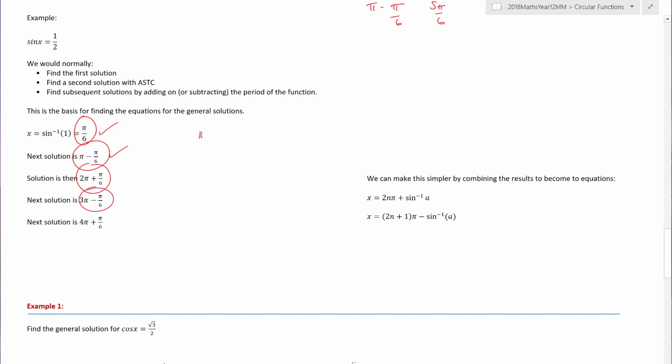So I've got pi on 6, I've got 2 pi plus pi on 6, 4 pi plus pi on 6, and then my next solution would be 6 pi plus pi on 6. But unlike the cosine curve, my next one here would have been pi minus pi on 6. This would have been 3 pi minus pi on 6. And this one here would have been 5 pi minus pi on 6.